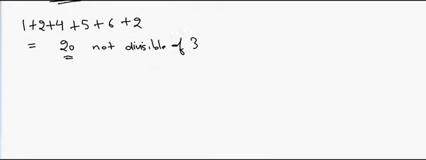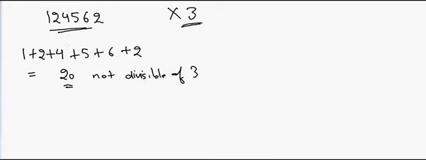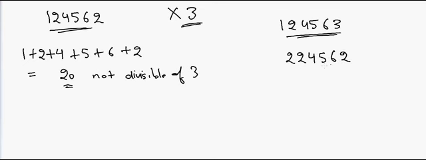So what should the number be if it has to be divisible by 3? Instead of 2, if you make it 3, so 1 2 4 5 6 and write 3 at the end, then the sum will become 21, so that number should be divisible by 3. Or we can change any other digit, say 2 2 4 5 6 2, which should also be divisible by 3.